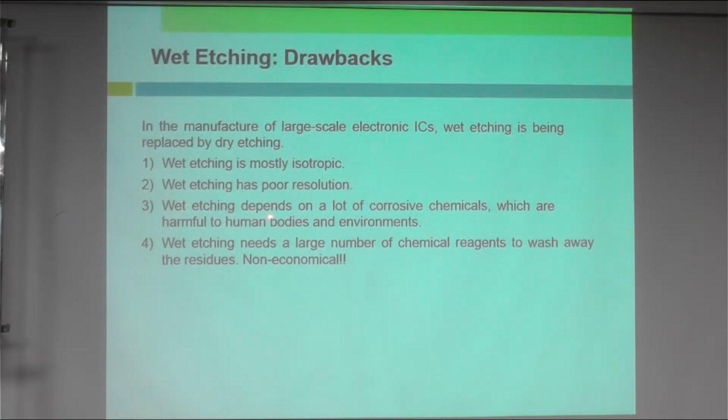It depends on a lot of corrosive chemicals, which are harmful to human bodies and the environment, so we have to wear PPE in the clean room. Wet etching also needs a large amount of chemical reagent to wash away the residues, so it is considered not economical.